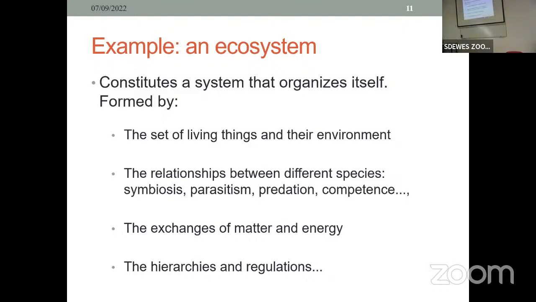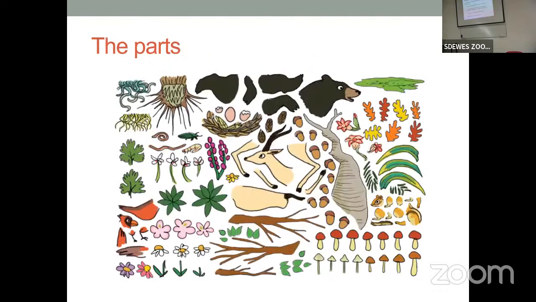But the relation between all the elements. This kind of relation may be quite different, includes, of course, symbiosis, parasitism, predation, competition, and so on. Also appears, for example, the exchange of matter and energy, this kind of flows, and also hierarchies in the regulation of the systems.